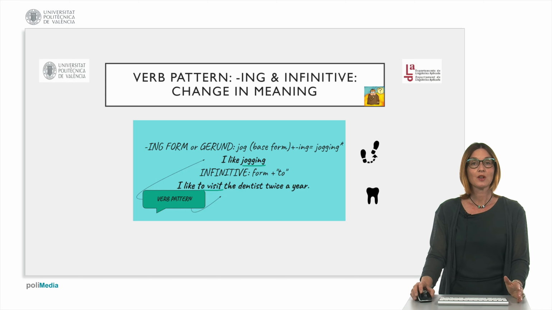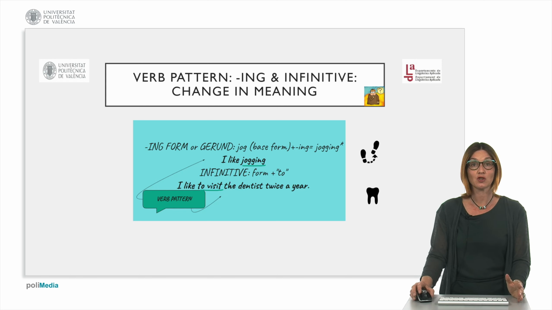Right, in English, there are many verbs which can be followed by either a gerund or an ing form or an infinitive. Just remember that we form the gerund by adding the ing to the base form. So, if we have a verb like jog, we add the ing and we get jogging.